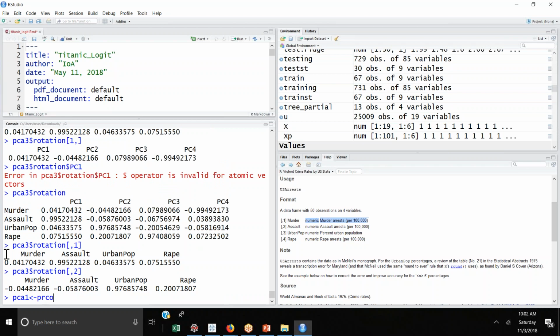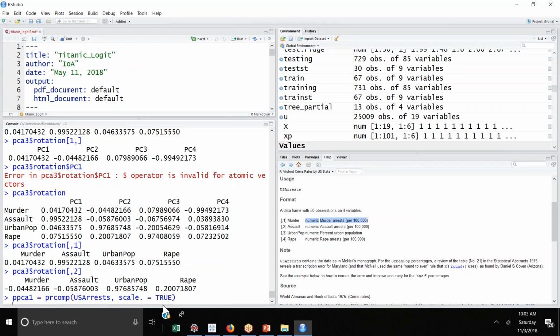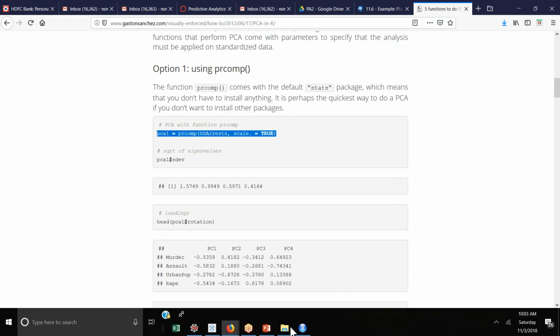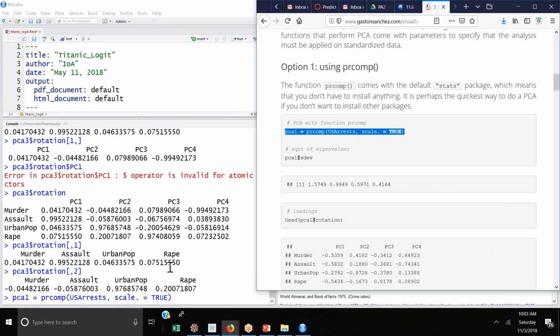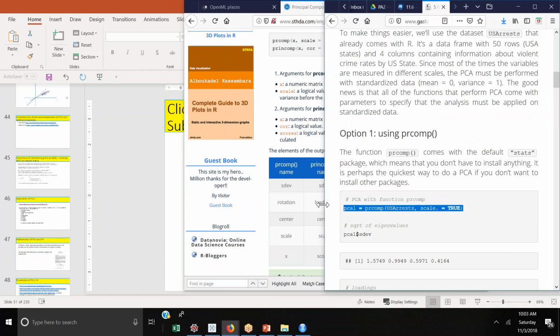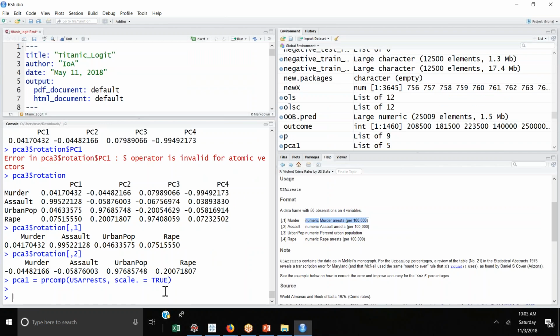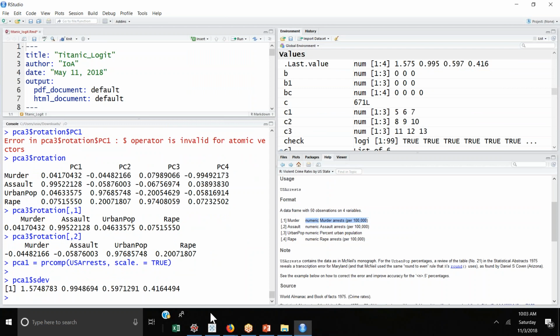PCA1 is equal to prcomp, scale. I just changed it from PCA3 to PCA1 to make sure that there are no errors in the code. Again, I'm going to show you that the standard deviations are the same as before.